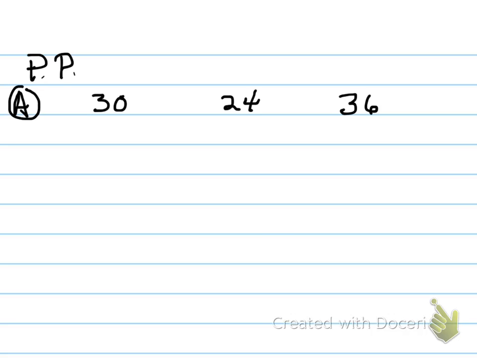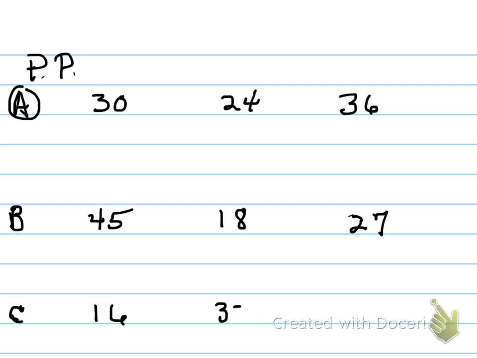I'd like you to move down about a third down the page, and I'd like you to create factor pairs and a list of factors for 45, 18, and 27. Go down a little further, and the third set that I'd like you to look at would be for 16, 32, and 40. Remember, you're going to make a list of all of the factors of each of these numbers, and then circle the common factors for all three in your groups.